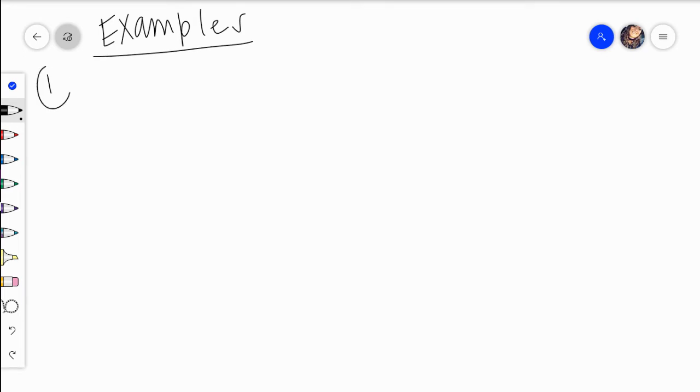Say we're asked to find the slope of these two given points. Our points are 9, 5 and 4, 5. First step, identify your first point and its x and y coordinates, and then your second point and its x and y coordinates.